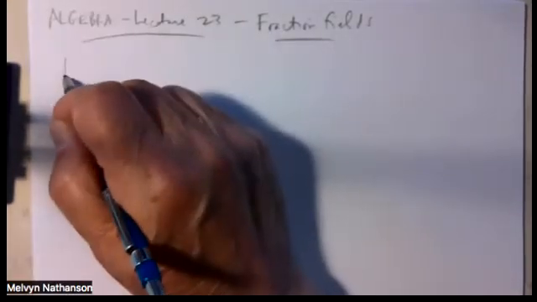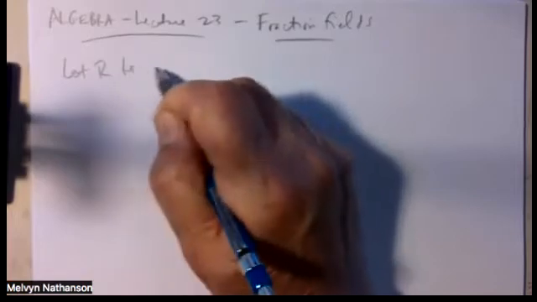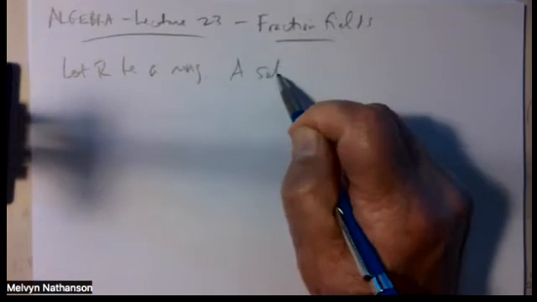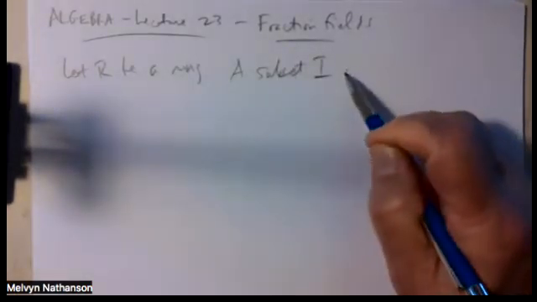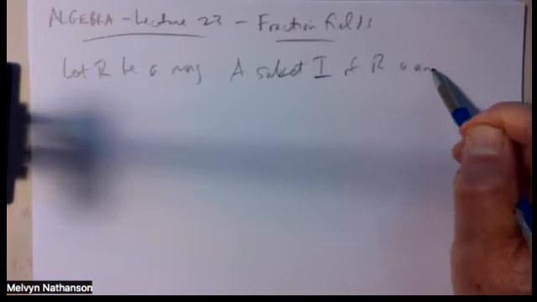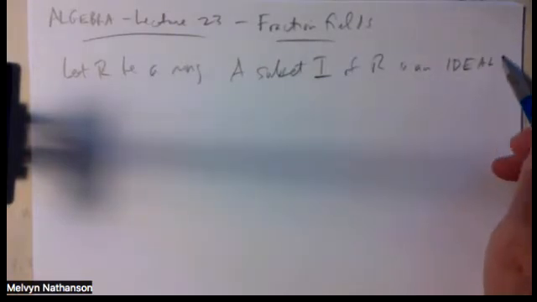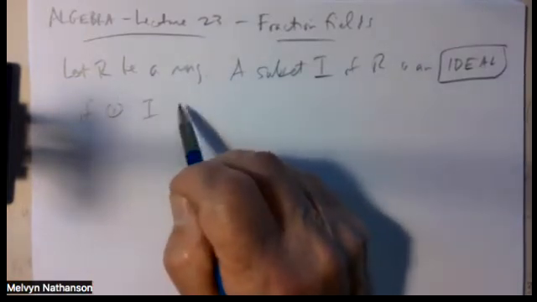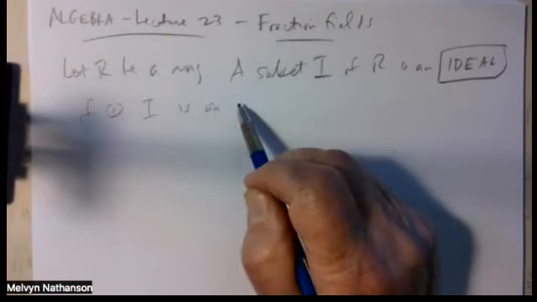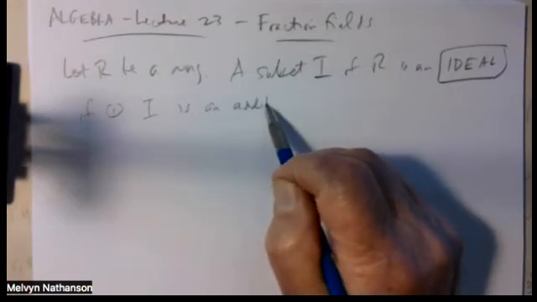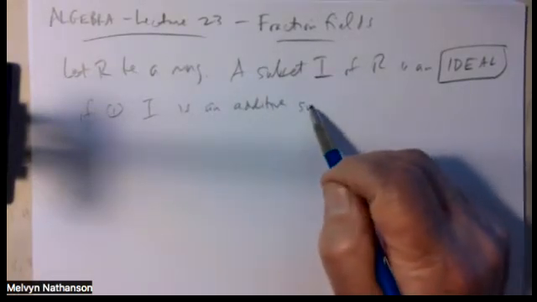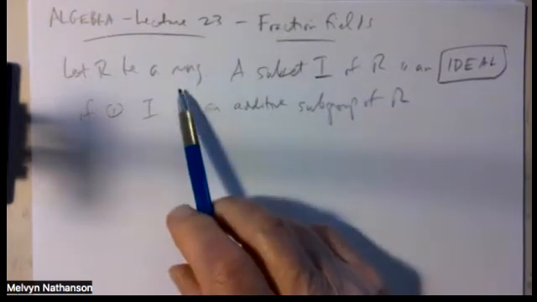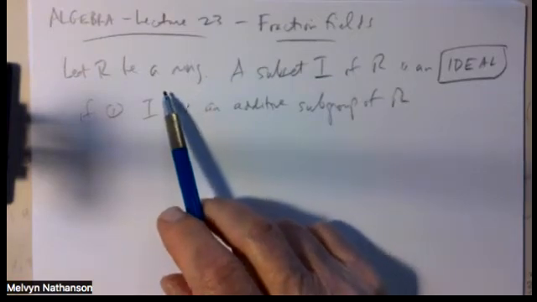So we say that R is a ring. A subset I of R is what is called an ideal if, first, I is an additive subgroup of R. Remember, a ring has addition and multiplication.